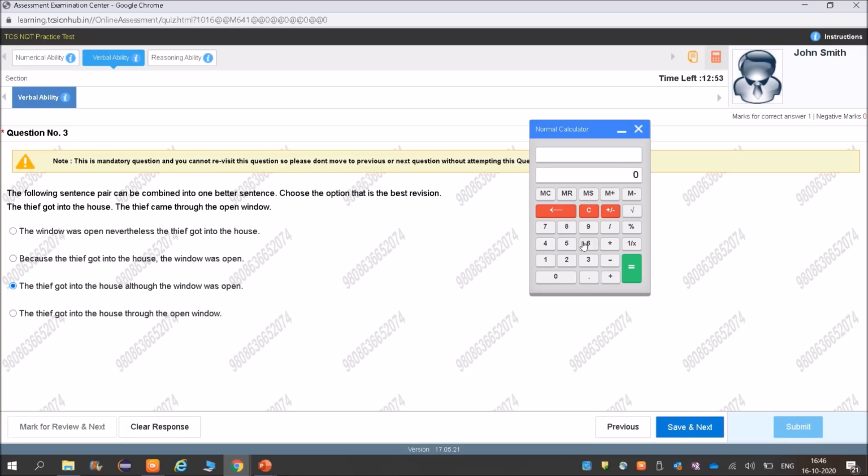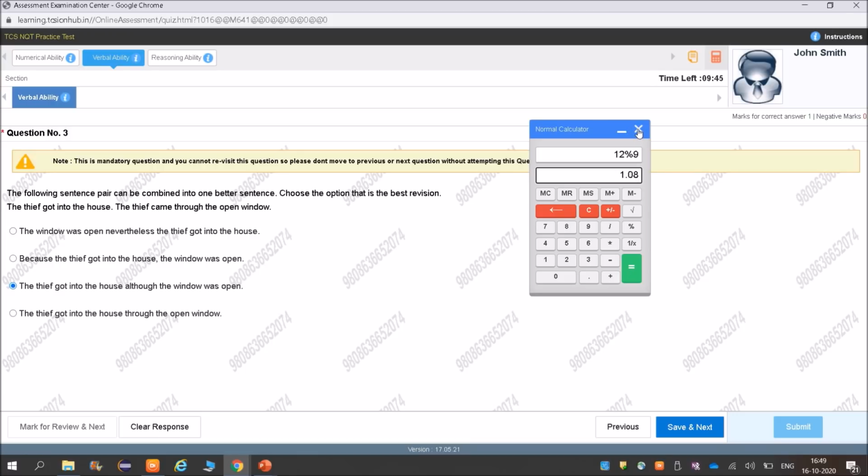Now if you want to calculate the square root of 64, enter 64 and click on square root, you will get 8. You can calculate the percentage, 12% of 9. So friends, you will get 1.08. So like that you will be able to use this normal calculator. Even percentage you can calculate. 12% of 9 will be equal to 1.08. So friends, you can practice before you go to the examination.